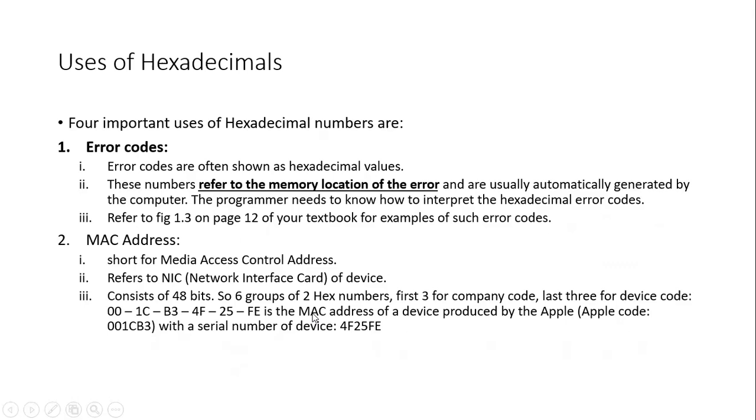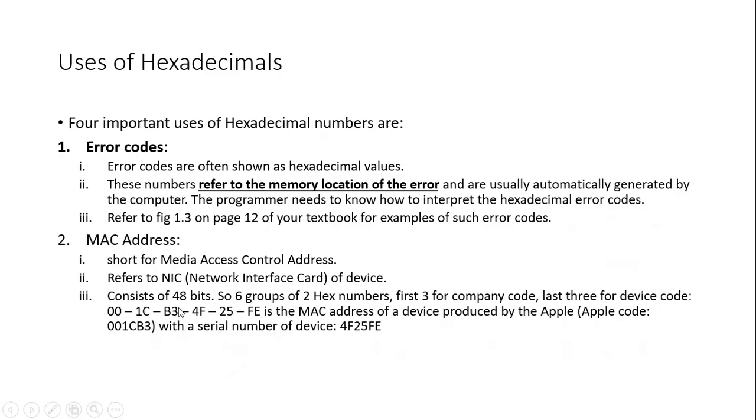For example, look at this Apple MAC address for a device. We have 2 hexadecimal digits, 2, 2, 2, and there are 1, 2, 3, 4, 5, 6 groups. So there are 6 groups of 2 hexadecimal digits. The first 3 are associated with Apple.